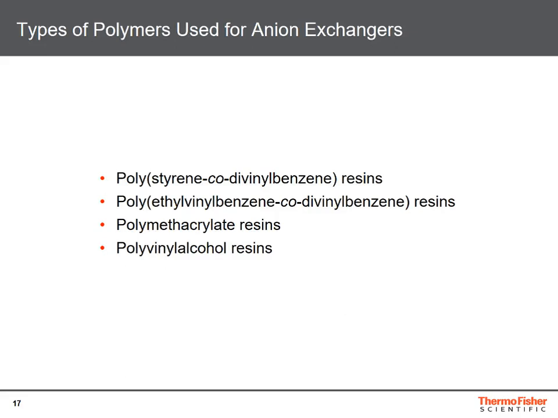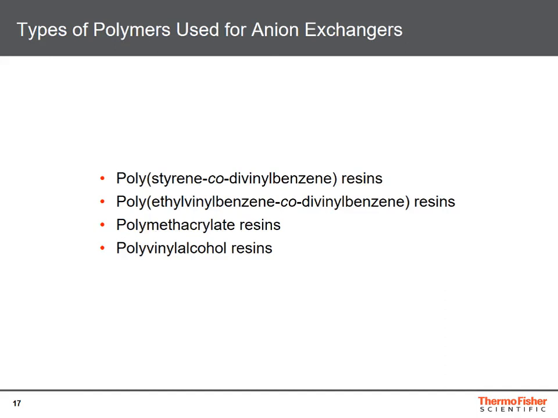This slide shows the most important organic polymers used in the design of anion exchangers today. In the early days, most of the columns were based on polystyrene-co-divinylbenzene. Today, the majority of columns are based on a similar material, which is polyethylvinylbenzene-co-divinylbenzene.